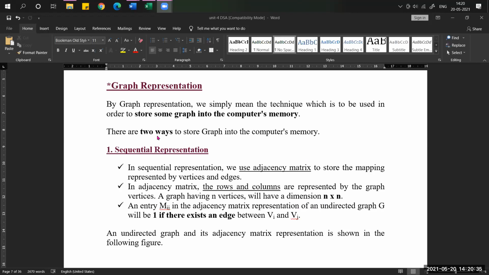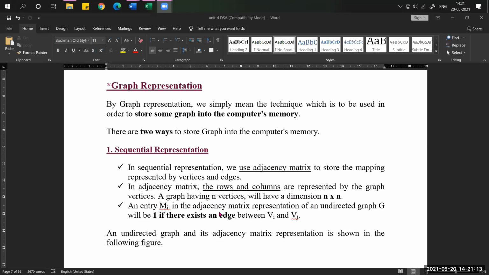So whenever you are taking the sequential representation, you have to use the adjacency matrix. The matrix contains a number of rows and a number of columns, and the row and column names are the vertex names. I will show an example so that you will understand easily. So the formula for the dimension of an adjacency matrix is n cross n.